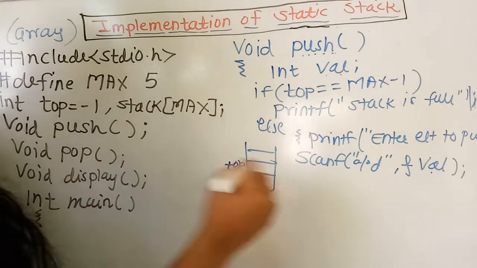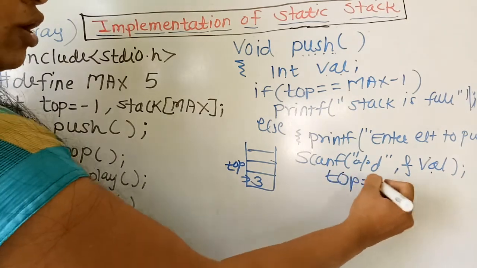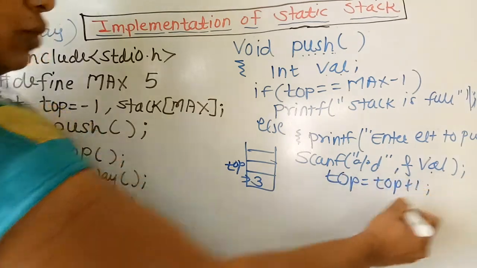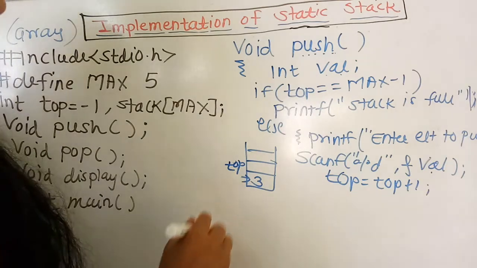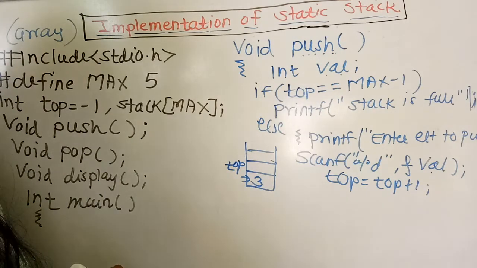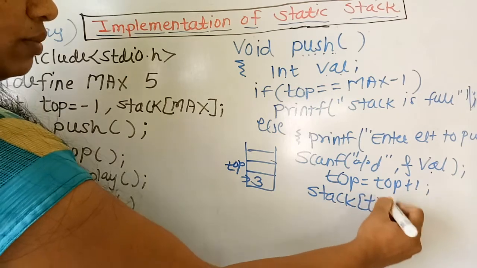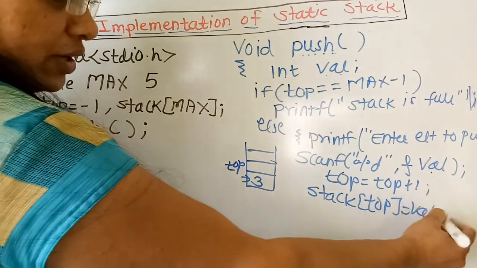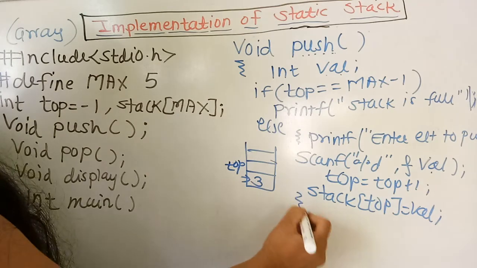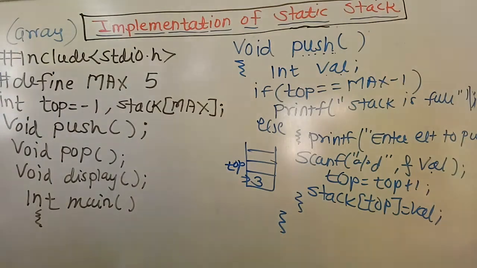So it will be like top equals top plus 1, and we can accept the value in the stack, that is stack of top is equal to value, completing the else and the push function. This is the mechanism behind inserting an element in the stack.